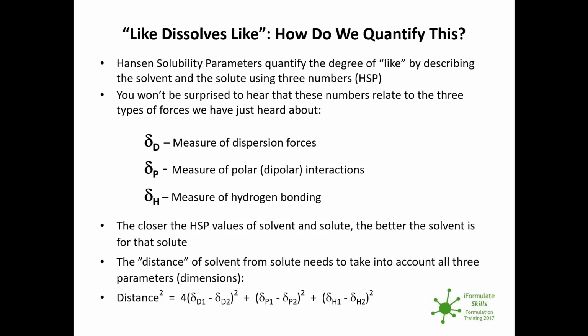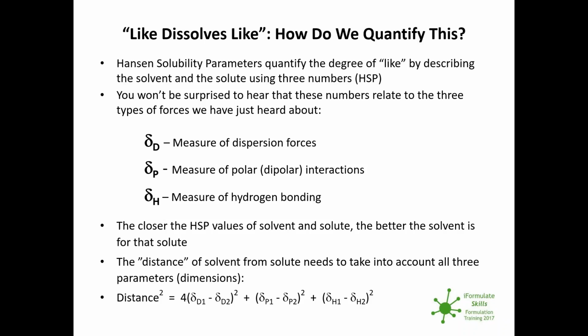And you won't be surprised to hear that those three numbers relate to the three types of force that we've just heard about on the previous slide. There's delta D, or dD, the measure of dispersion forces. There's delta P, the measure of polar or dipolar interactions, and delta H, the measure of hydrogen bonding. Now, the closer the HSP values of the solvent and the solute are to each other, the better the solvent is for that solute.